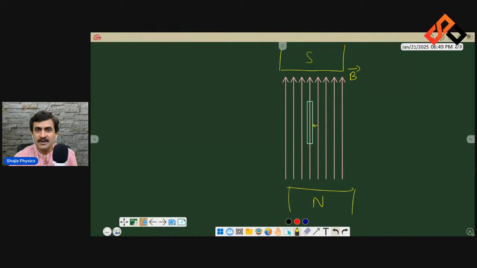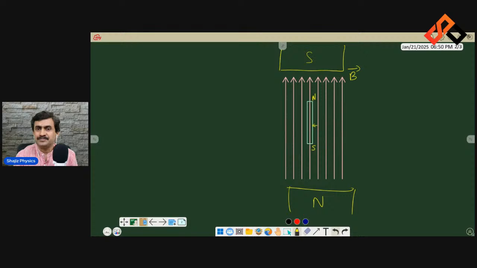Now, the magnetic dipole or the bar magnet will be positioned like this. Its north pole will be pointing towards the south pole of the magnet, or the north pole will be nearest to the arrow direction. Okay, and the south pole will be on the other side.